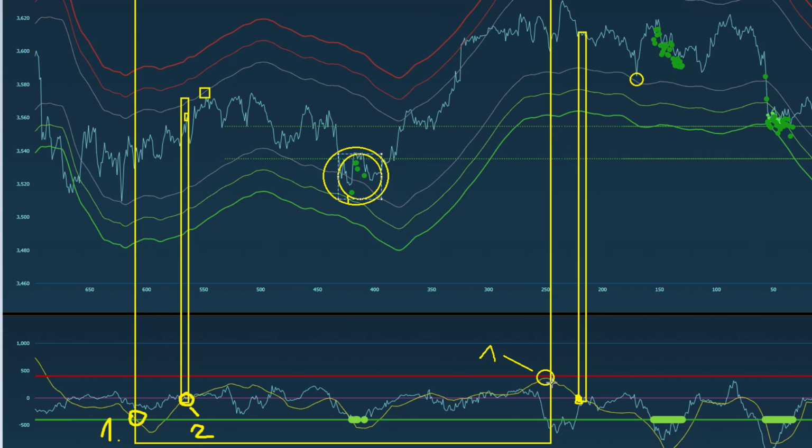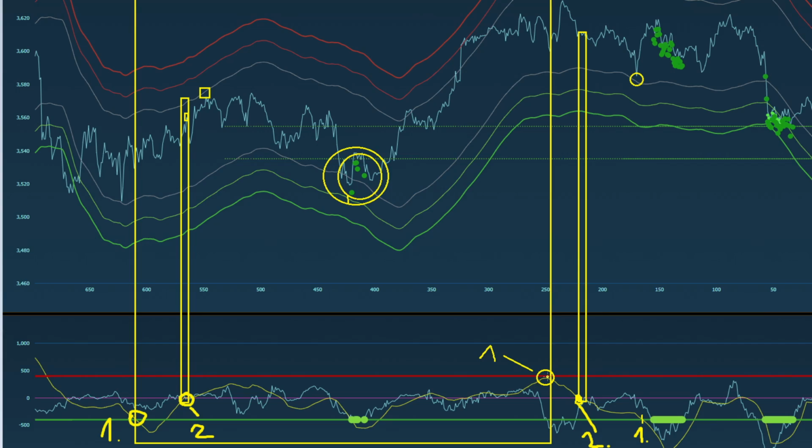Now starting from this point 1, and then here's point 2, we started to look for longs, and this is our optimal entry. But notice that really shortly after we entered the market, the Momo 2 actually does the first step to go short, right?